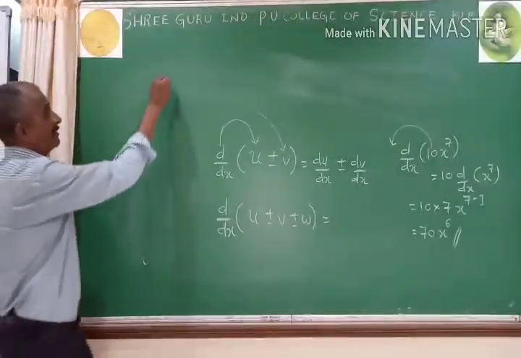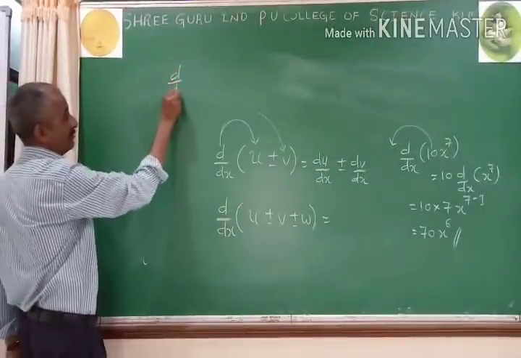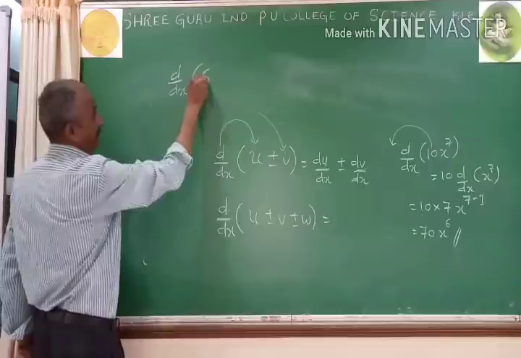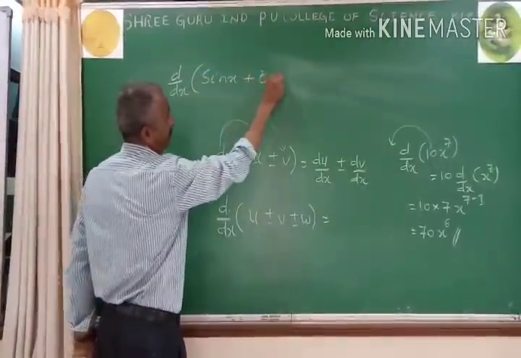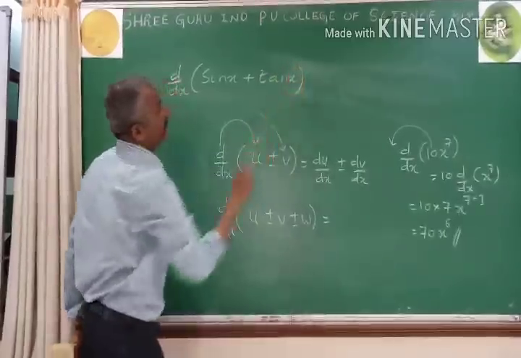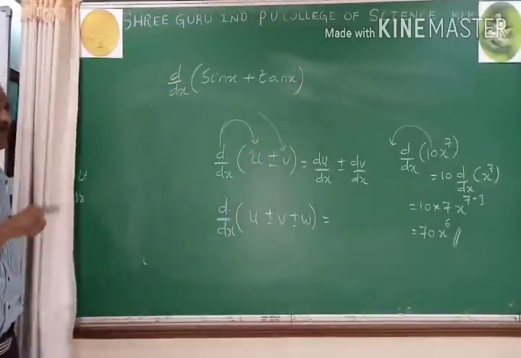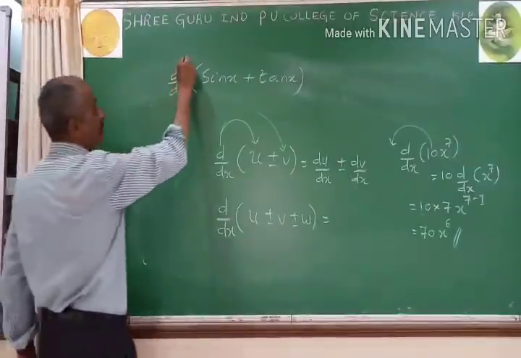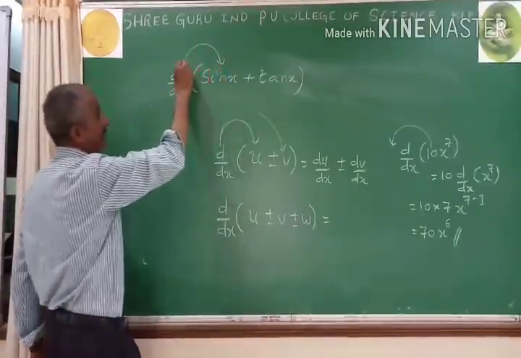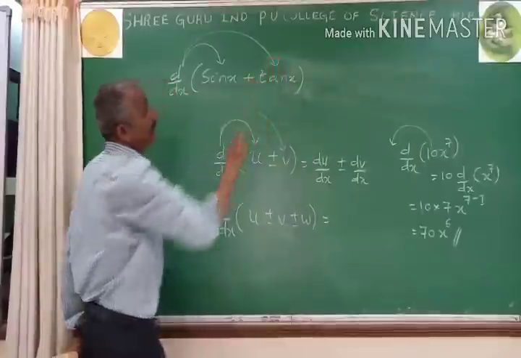For example, suppose we wish to find d by dx of sin x plus tan x. So we need to apply here sum rule because we are undergoing differentiation of sum of two functions. The rule says that you have to adopt differentiation for sin x plus differentiation for tan x.